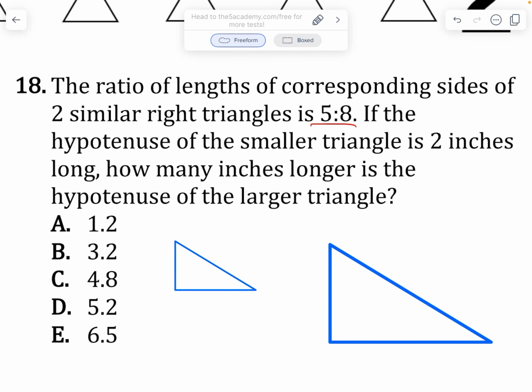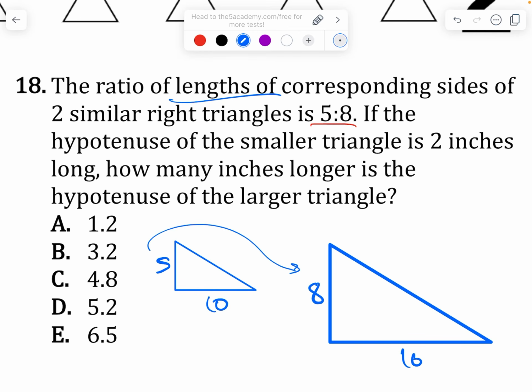And it says the ratio of the lengths is 5 to 8. So if this length was 5, this would be 8. Okay? If this was 10, this would be 16. If this was 15, this would be, what's 15 times 8 over 5? It's 24, okay?